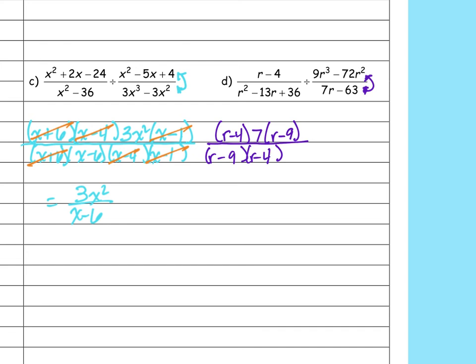Yeah, that's right. And then what comes out of this would be 9r cubed, and that would be r minus 8. Okay, so I have r minus 4, r minus 4, r minus 9, r minus 9. And that looks like it. So I get 7 over 9r cubed times r minus 8. Done. Okay, questions?